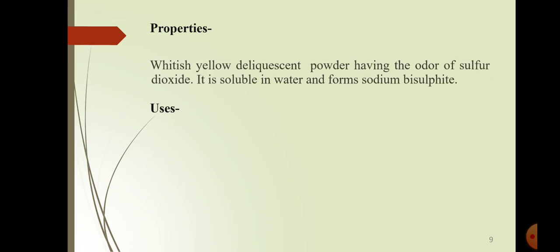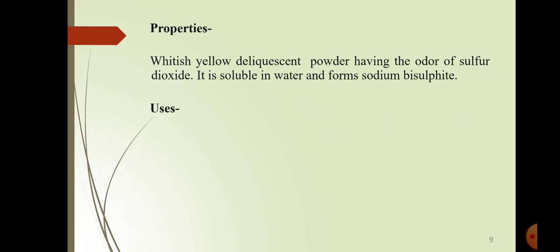Now let us see the properties of sodium metabisulphite. It is a whitish yellow deliquescent powder having the odor of sulfur dioxide. It is soluble in water and forms sodium bisulfite.